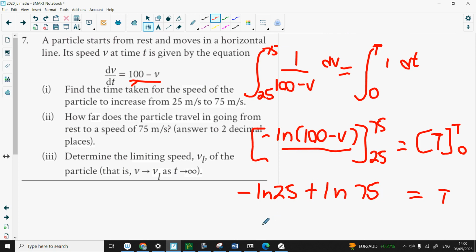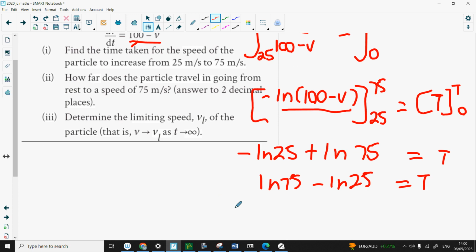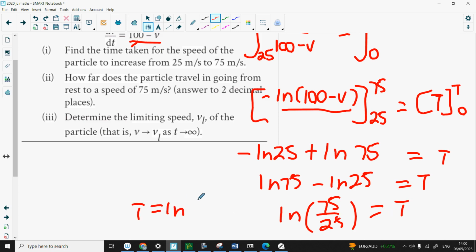Use the subtraction rules of logs: ln of 75 over 25. We should get ln 3. Can anybody give me ln 3 in decimal? 1.098.